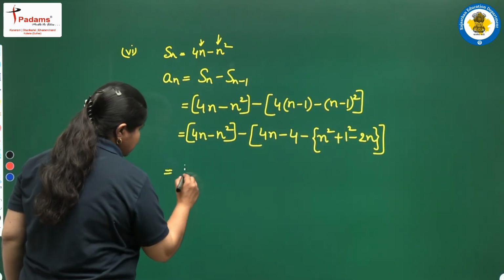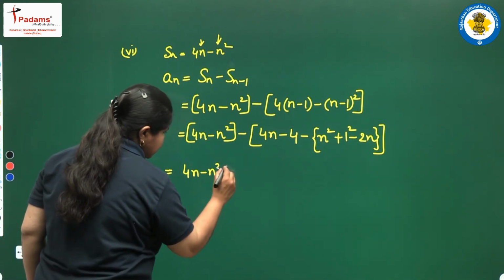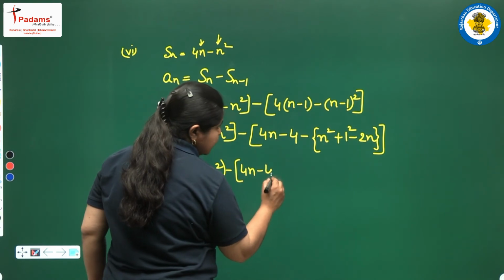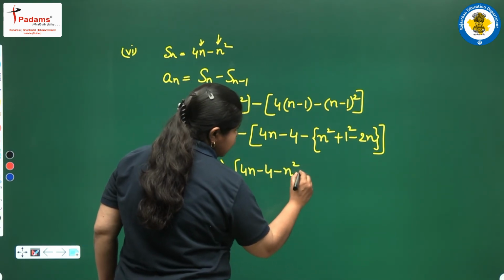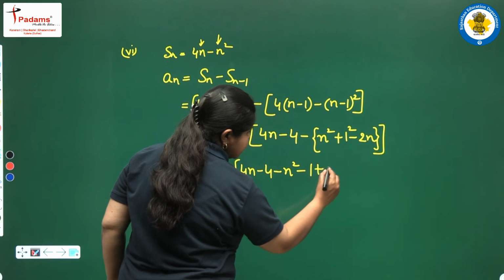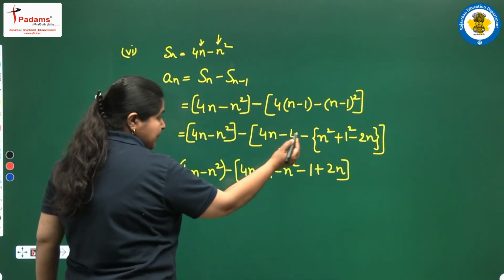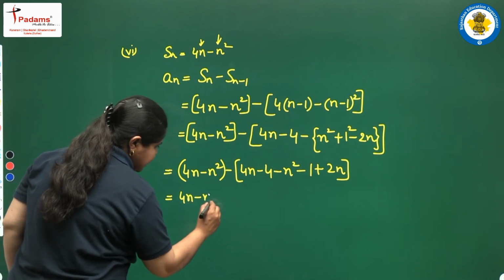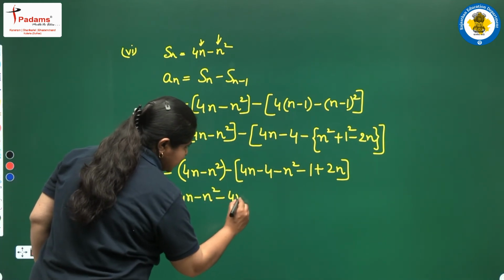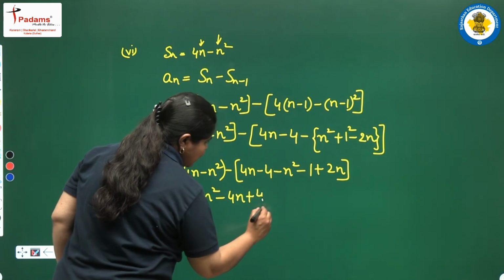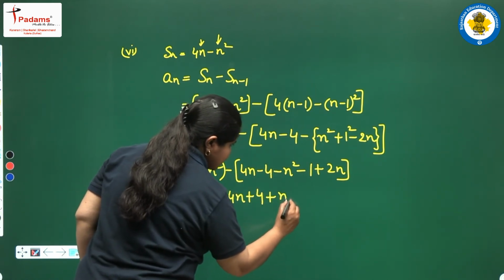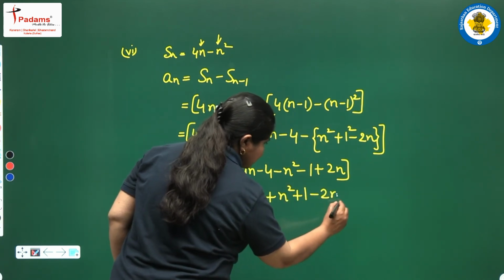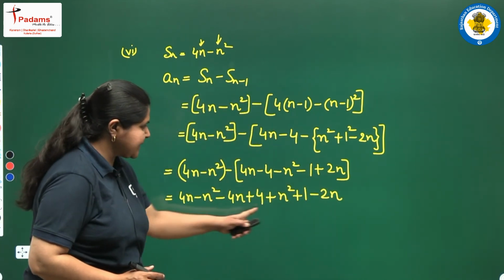This will be equal to 4n minus n square minus 4n minus 4, now open it, minus n square minus 1 minus minus plus 2n. ठीक है, ये माइनस से इन सब के साइन चेंज हो गए. This again will be equal to 4n minus n square minus 4n, then minus minus plus 4, again we have plus n square minus minus plus 1 and then minus 2n. हमने ये खोल दिया है ब्रैकेट और सबके साइन चेंज हो गए हैं.